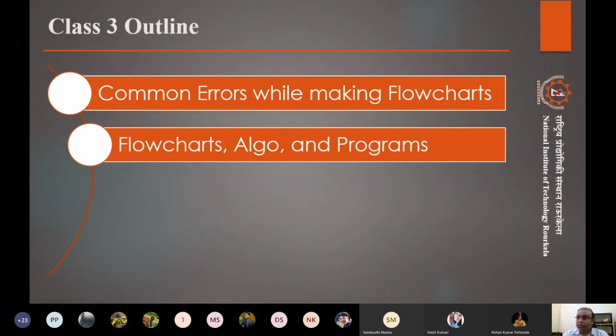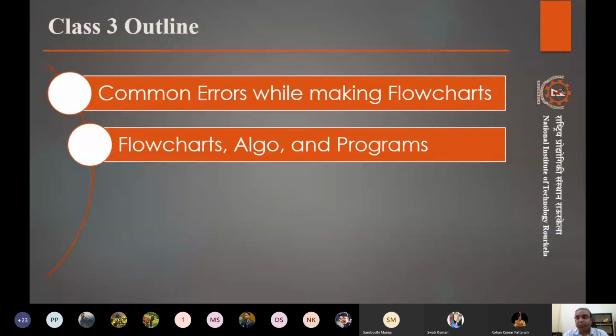Then we will be also talking about now from today how these flowcharts and algorithms translate to a program. Now, the whole purpose of flowcharts and algorithms is basically to understand and make a plan to move on to the next part, which is the development of the program, right?